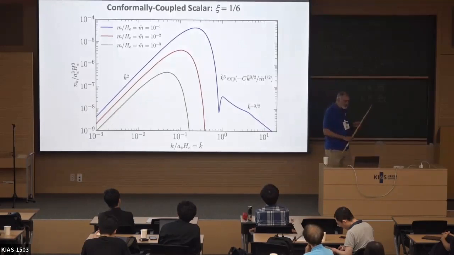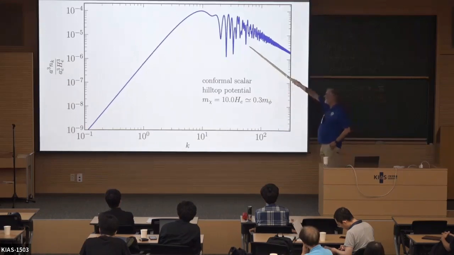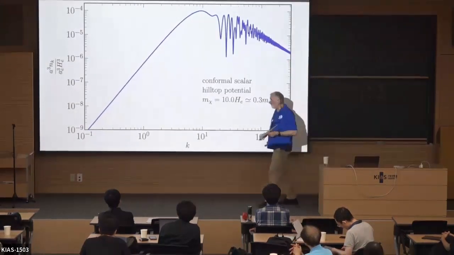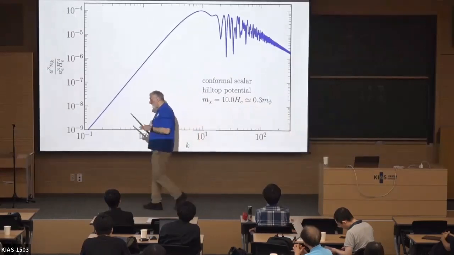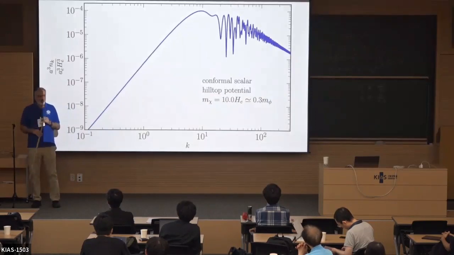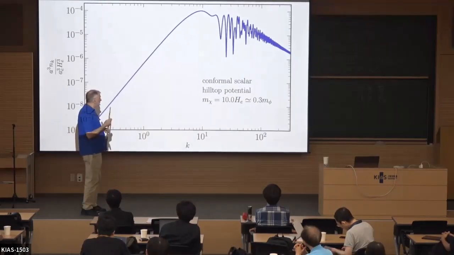These oscillations are not very prominent in this case for a quadratic inflaton potential. But for a conformal scalar with a hilltop potential, the oscillations are quite pronounced. On Friday, if I have time, I will explain these oscillations as quantum interference in particle production.